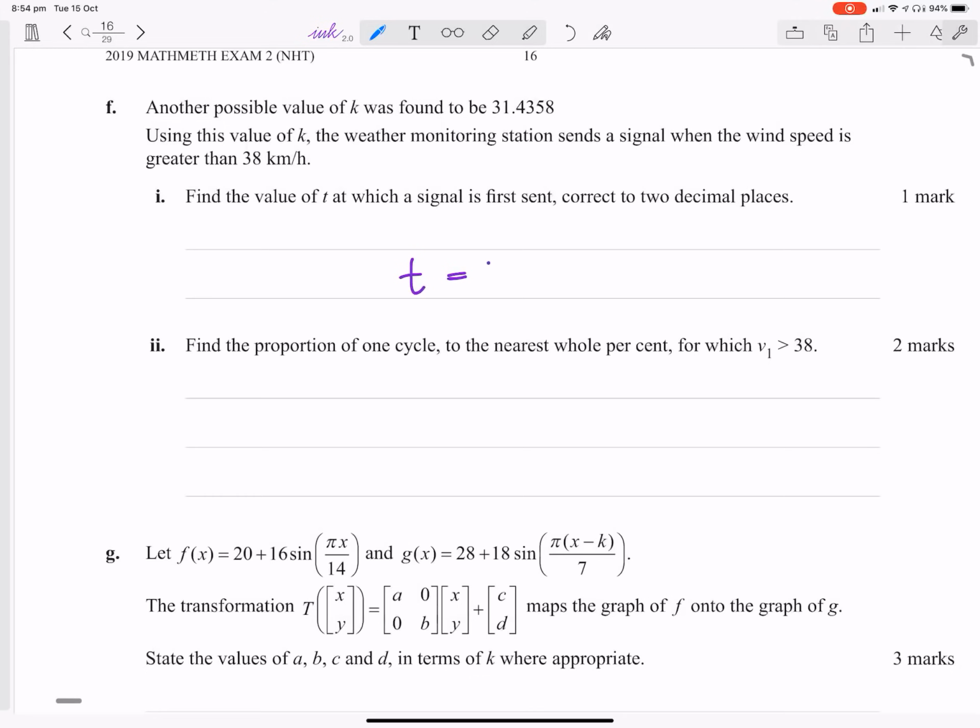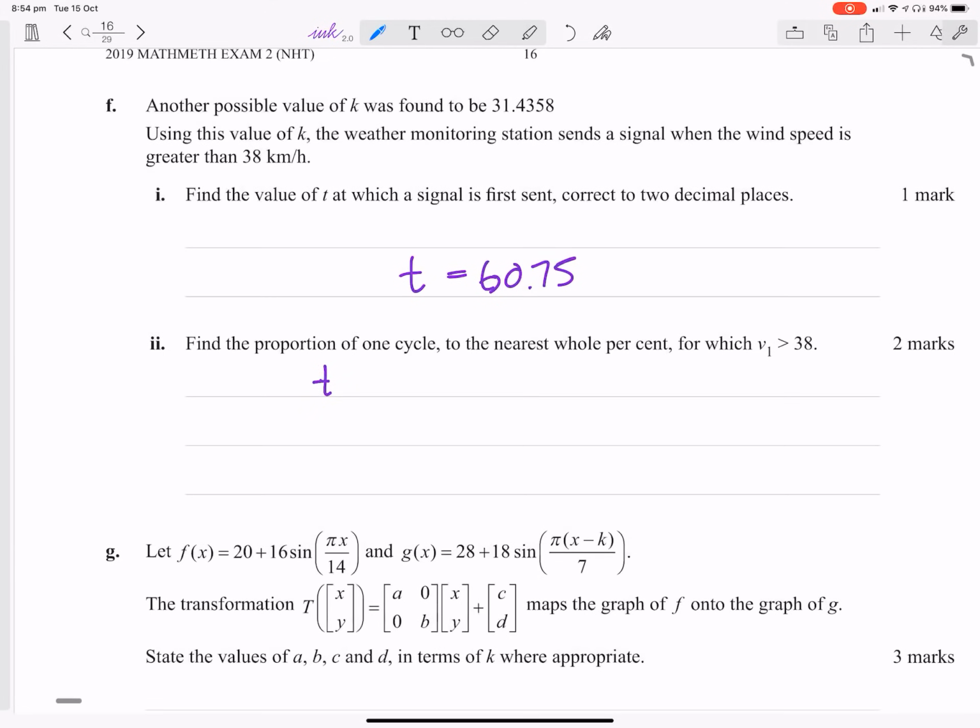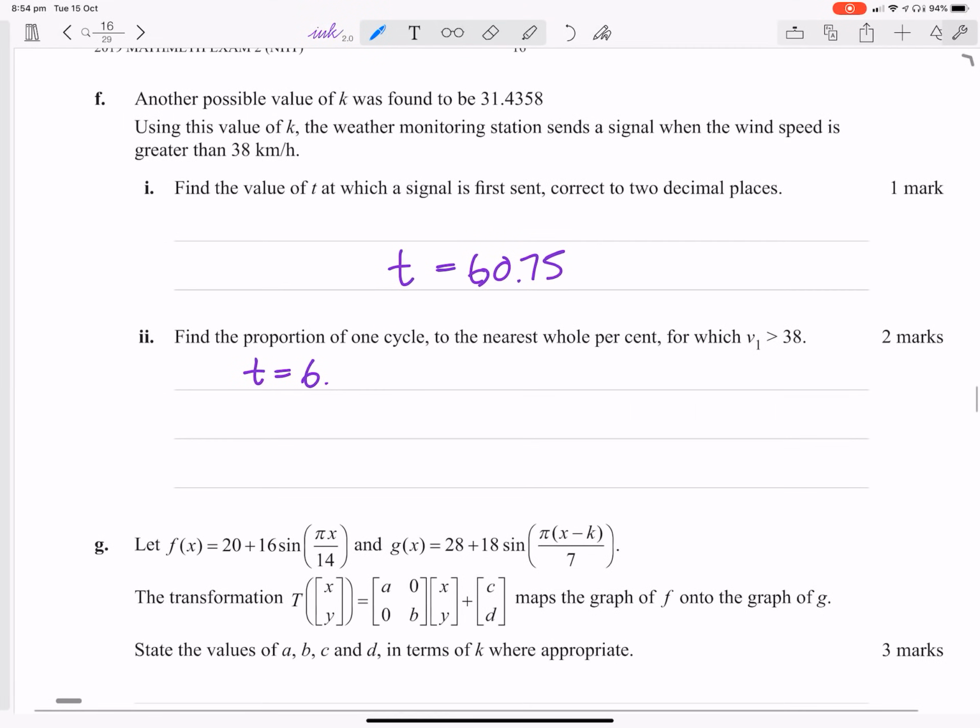t is 60.75. The proportion of the cycle for one cycle to the nearest whole percent. Okay, so we say t is equal to 60.75.